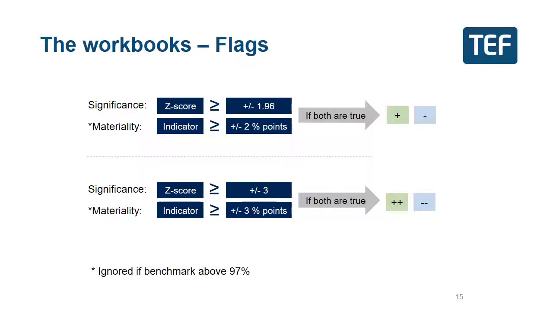It's worth noting at this point that for the purposes of calculating the initial hypothesis, a plus and a plus plus are both still one flag, so a single flag and a double flag both count the same as 1, or in the case of the NSS metrics, a half. Double flags do give a stronger signal of performance, but when we're formulaically calculating the initial hypothesis, they're no different.